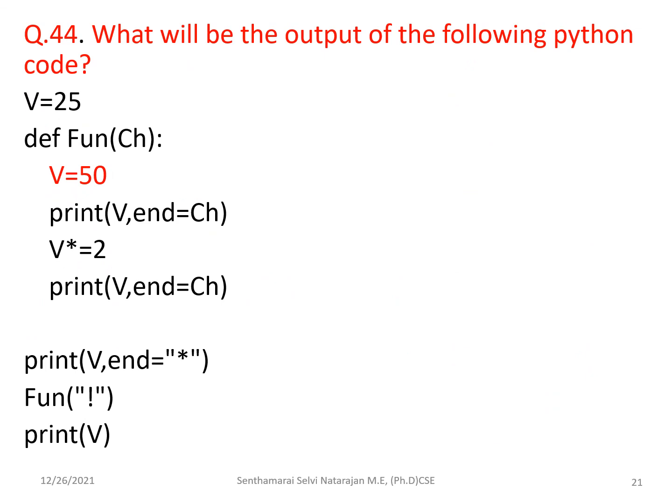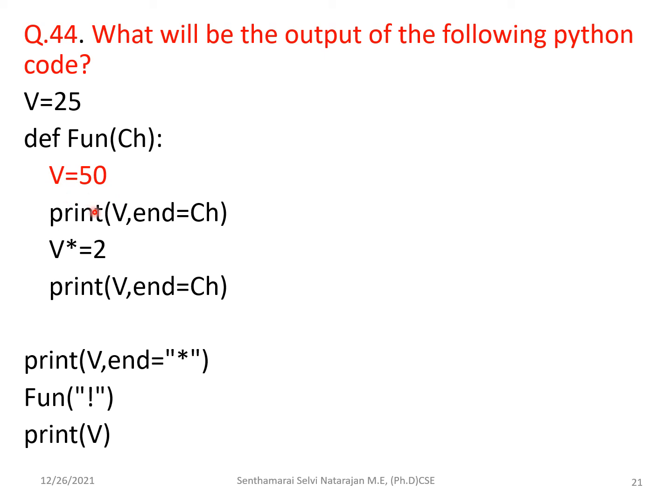goes to the 44th question. Here you will get somewhat confused with this type of global variable declarations. Consider the function. You see here this is the code. First you execute this code, print v comma end of this. So the value of v is 25, so 25 is printed, 25 and then asterisk. Then this function is called. So when this function is called, this is passed here.